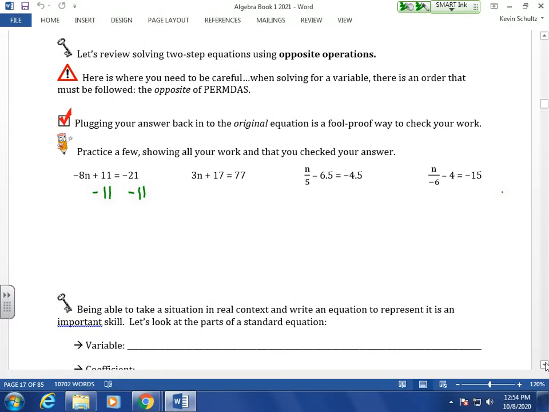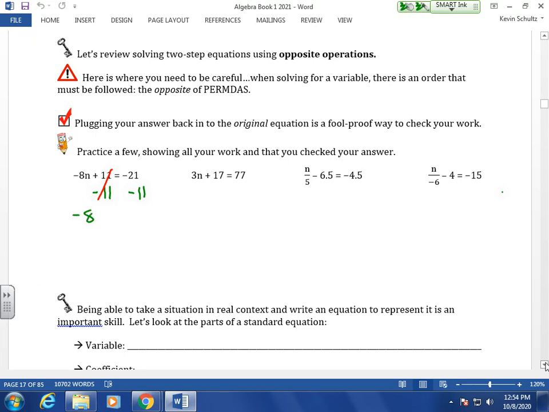Because then 8n is all by itself, and you can just take 8 away from it. And negative 8n is by itself because 11 minus 11 is 0, right? A phrase that you hear me use often is opposite operations.